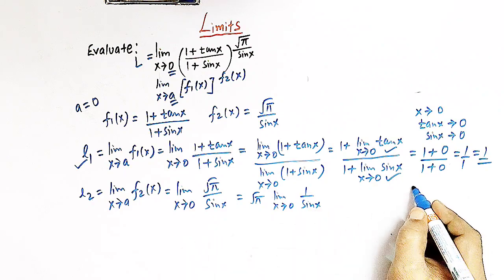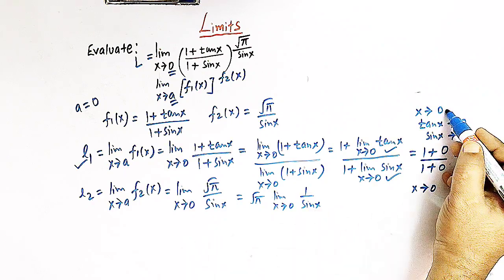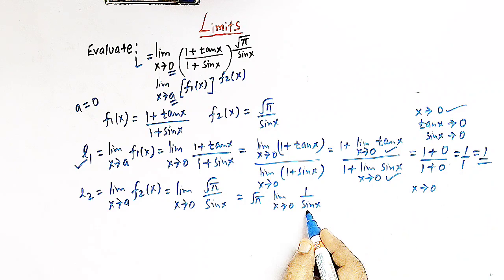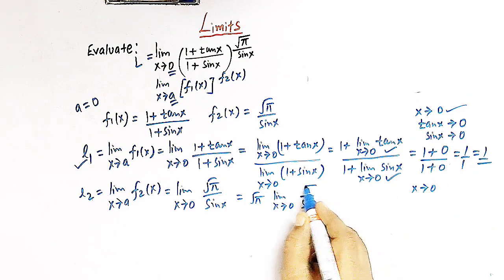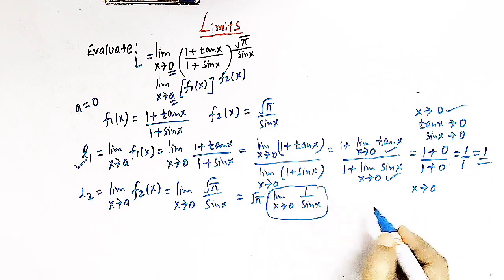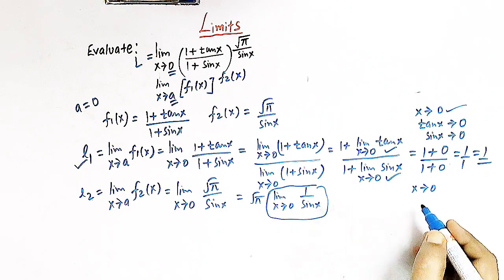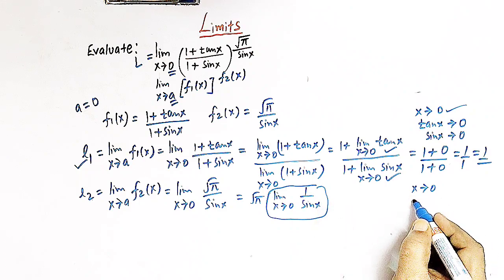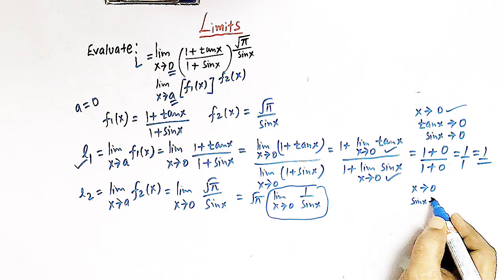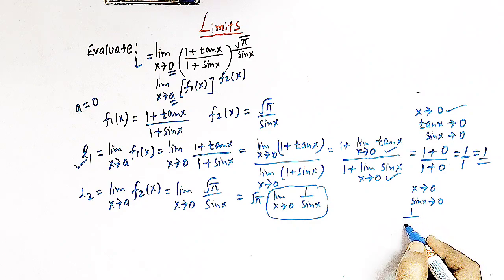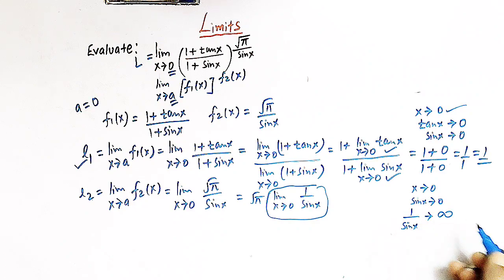Now see, when x tends to 0, then sin x tends to 0, right? So 1 over sin x tends to infinity, or is not defined.